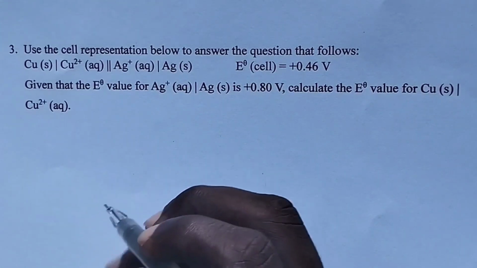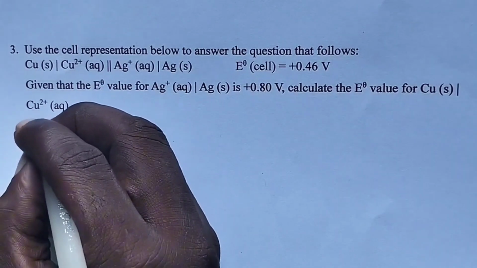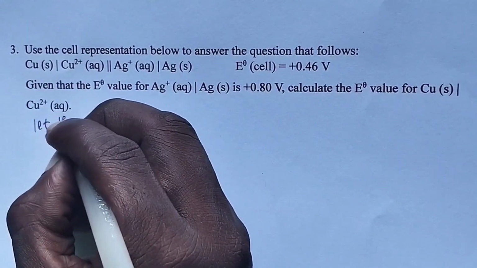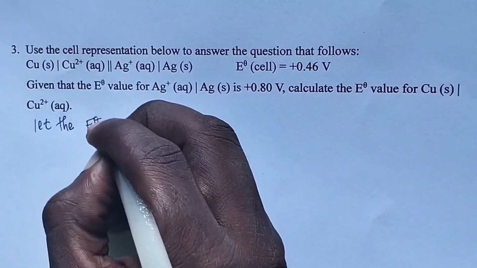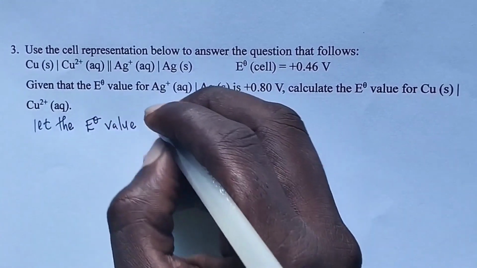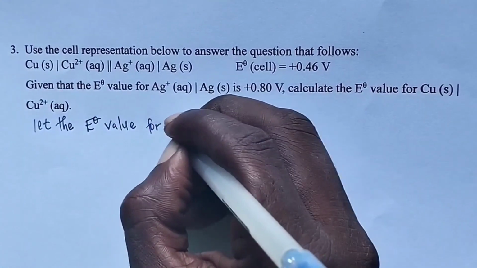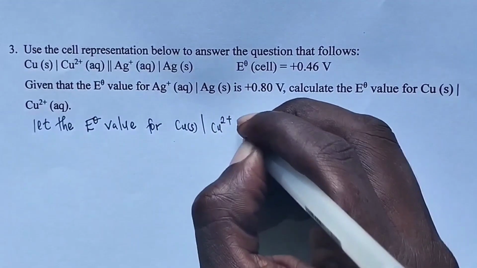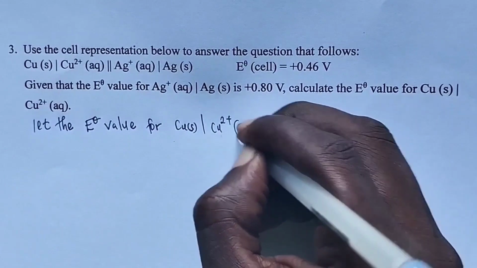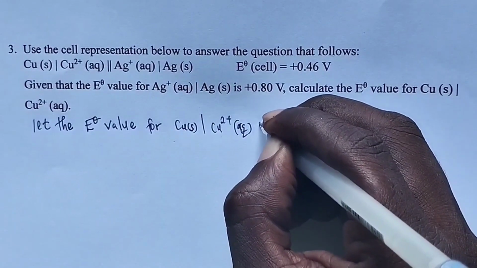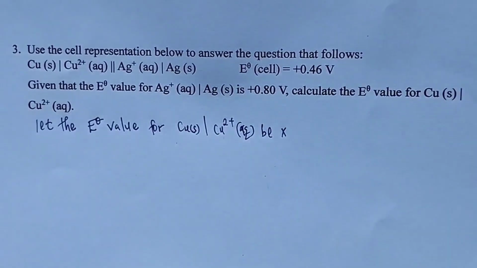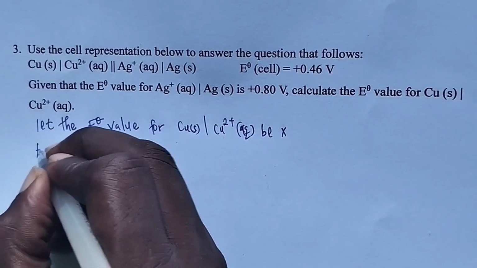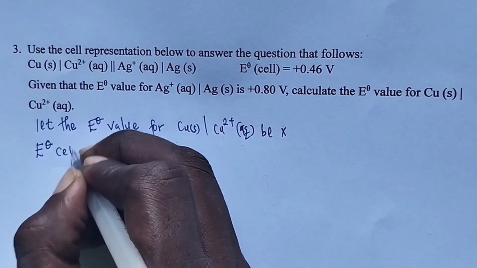So first of all, let the standard potential value for the copper half cell be X. If it's like that, let's remember the formula for calculating the standard potential value of a cell.